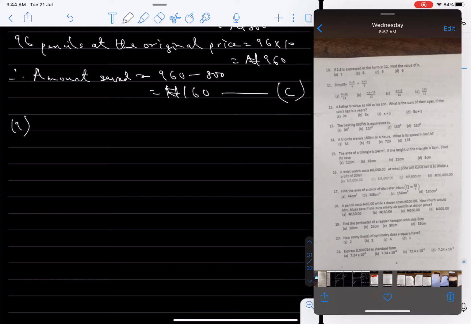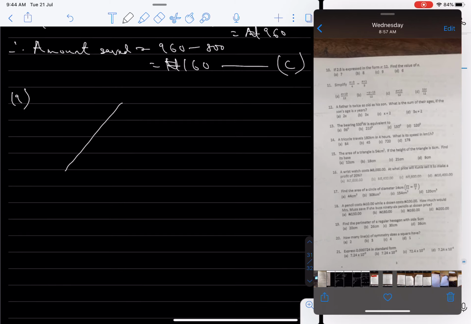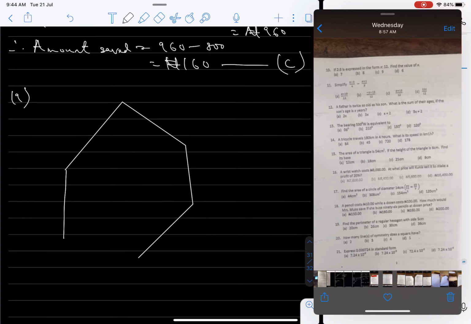Now to number 19. Find the perimeter of a regular hexagon with side 5 centimeters. A hexagon is a 6-sided shape. One, two, three, 4, and we can go 5, 6.